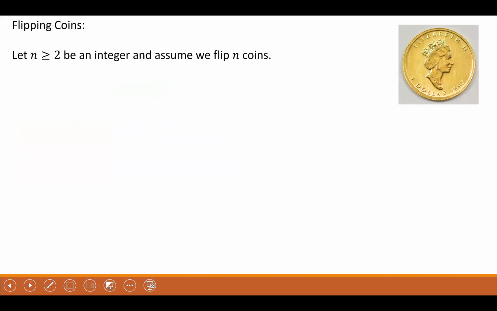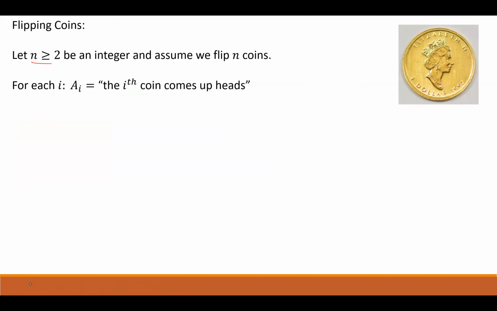Okay, so let's take a look at another simple example. We're going to take a value n that's at least 2, and assume we flip n coins. These coins are fair and independent. We will define an event A_i as the event that the ith coin comes up heads. What we would do before is make an n-tuple and find our sample space.